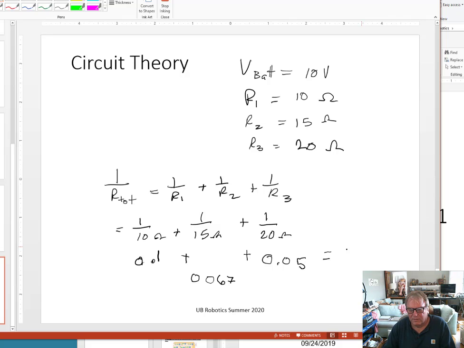All right, so then we're left with 2.17 times 10 to the negative 1, and this is ohms to the negative 1. Remember, we got to do one more. This is equal to 1 over R total. So to get our total, we got to do 1 over that. We got to invert that, and then R total equals 4.62 ohms.